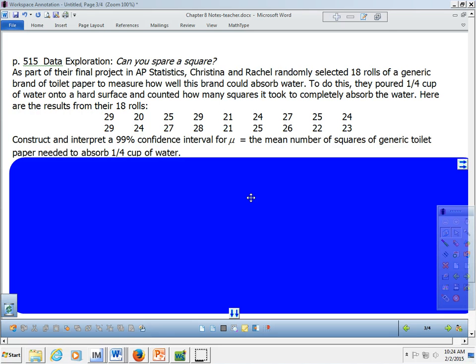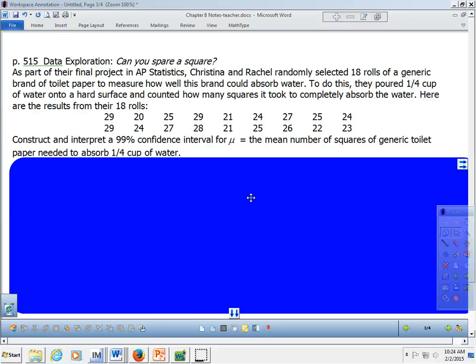First and foremost, we want to still keep thinking about these statistics problems in terms of the four-step process. What you're going to notice from your book is that that four-step process logo is going to go away. The book feels like it effectively brainwashed you into doing the four-step process, and hopefully we have.